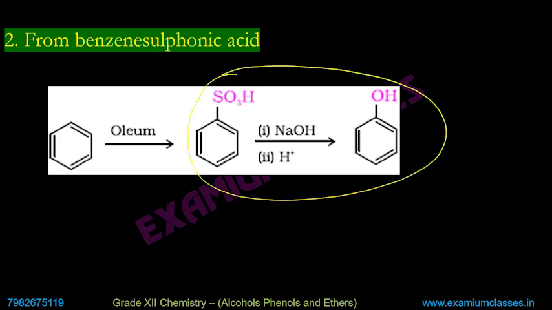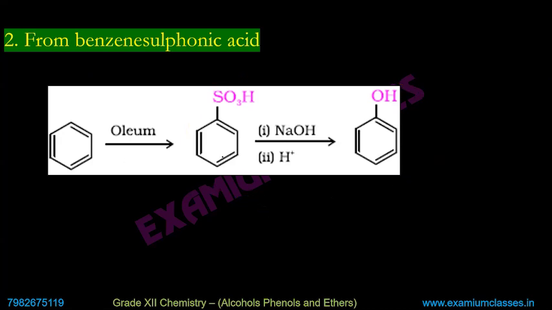Then from benzene sulfonic acid, where the sulfonic group is there. This is the reaction. The first part only tells you how you normally get the benzene sulfonic acid. Normally benzene sulfonic acid is not kept as it is. It is produced from benzene by reacting it with oleum.